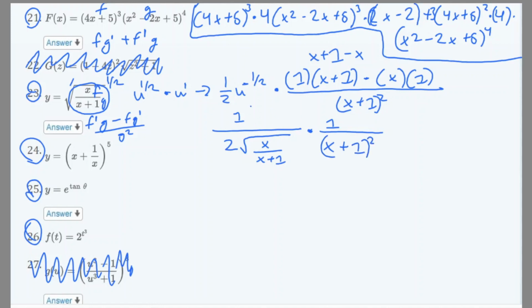So you can see there's nothing on the numerator, there's everything on the denominator. But this will be your answer. You could also, of course, combine the two fractions together.